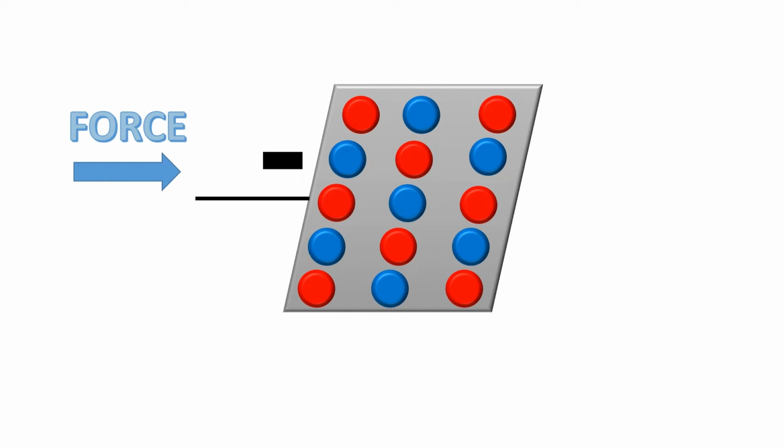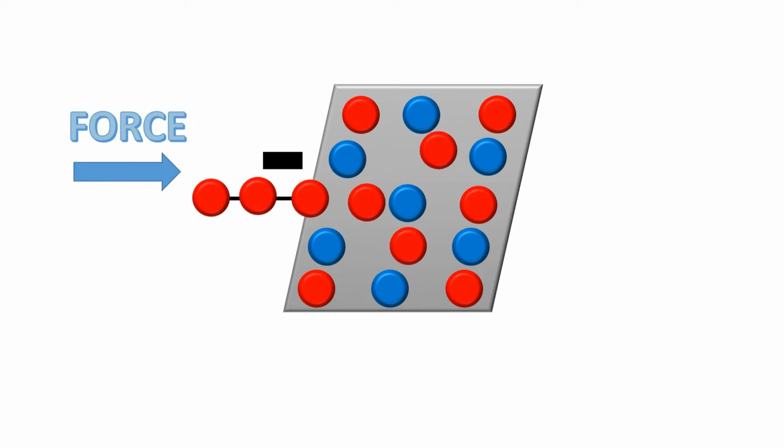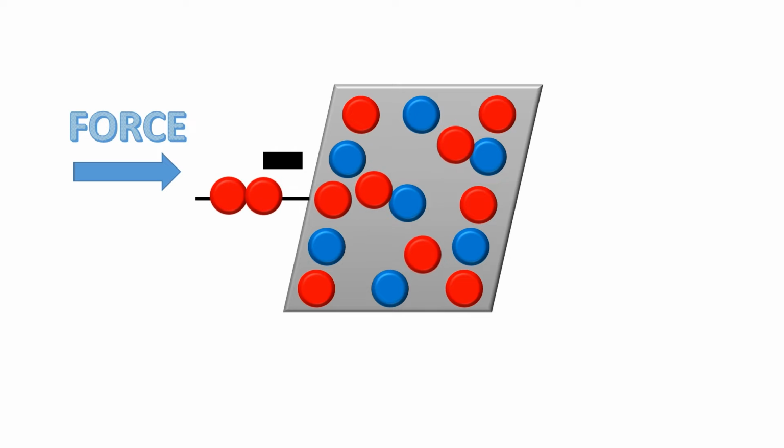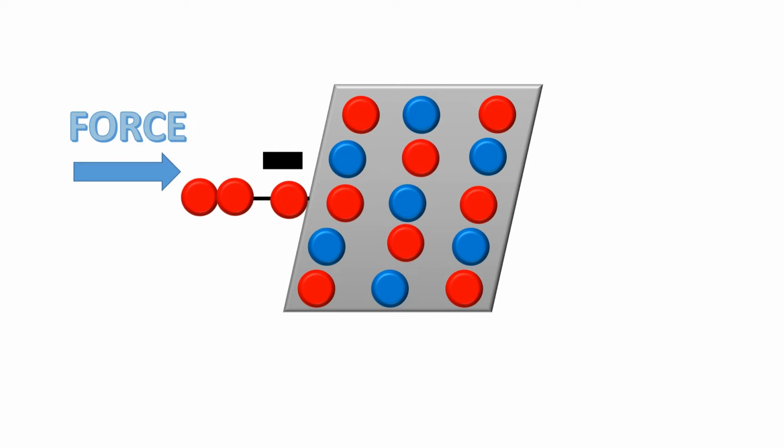If we apply a force trying to push extra electrons into the plate, we will not be successful, because particles with the same charge repel one another. If extra electrons accumulate inside the metal plate, they will repel each other and repel any new electrons trying to enter. Therefore, even if we have applied a force, the metal will remain electrically neutral.